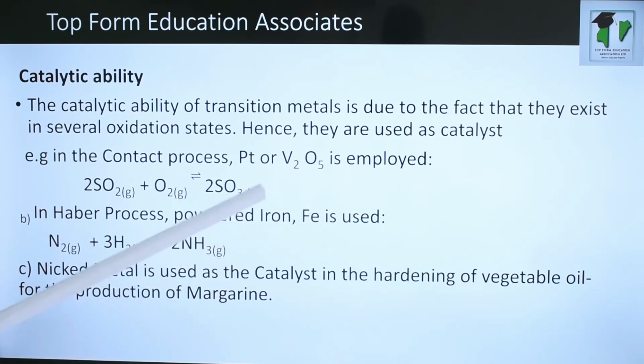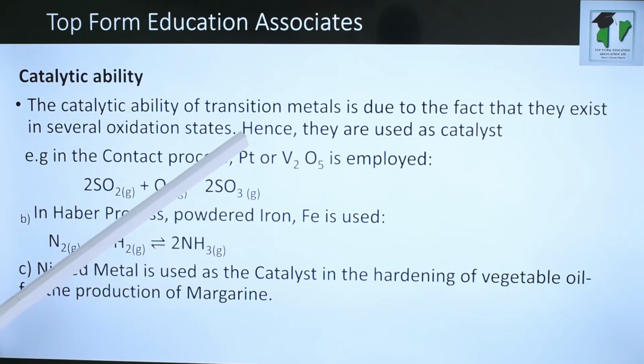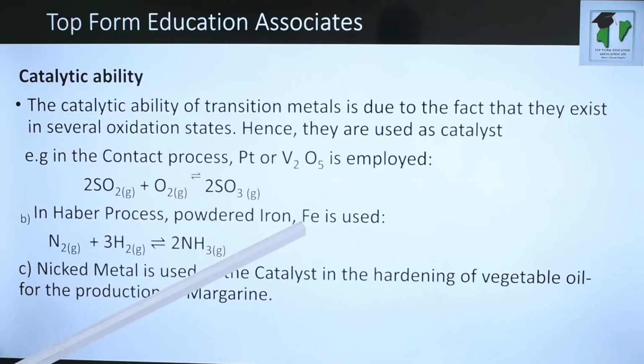If you look at these elements that are used as catalysts in these two processes, platinum and iron, they fall in the transition series. They are all transition metals. So the reason why transition metals are used as catalysts is because they have variable oxidation states. What I mean by that is this.